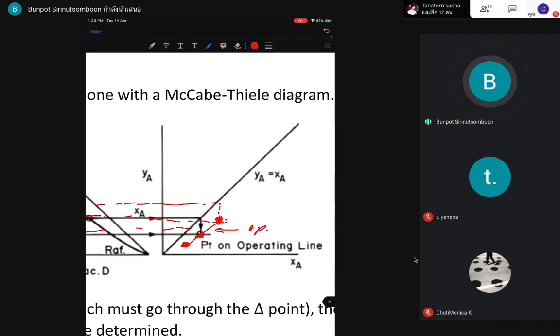Connect between points, and then you get the overlapping line, and then you use this overlapping line to find the number of stages.